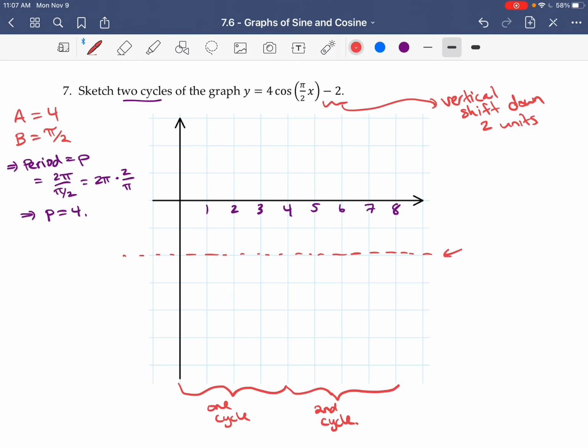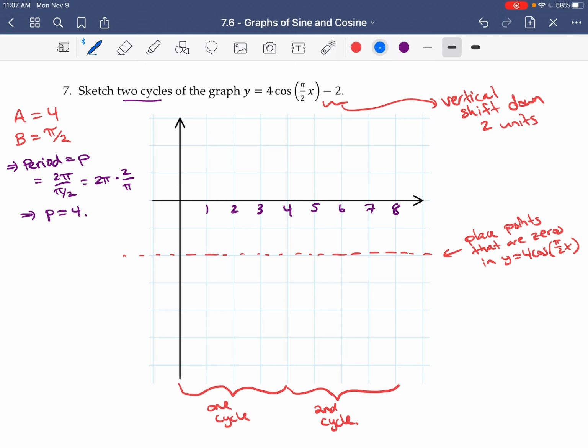So this is where we place points that are zeros in y equals 4 cos pi by 2x. That's where we place the 0 ones. And then the amplitude is 4, so we're going to go up 4 from that middle bit.